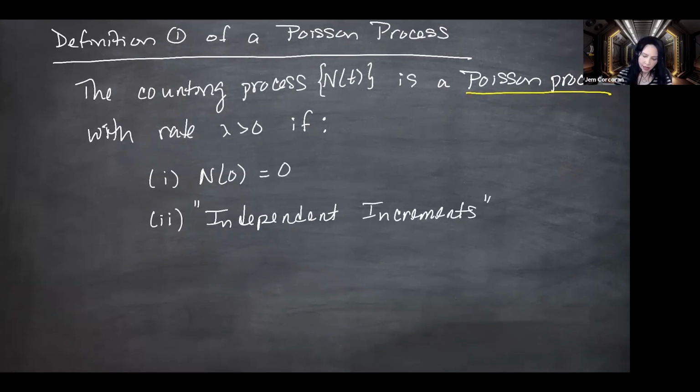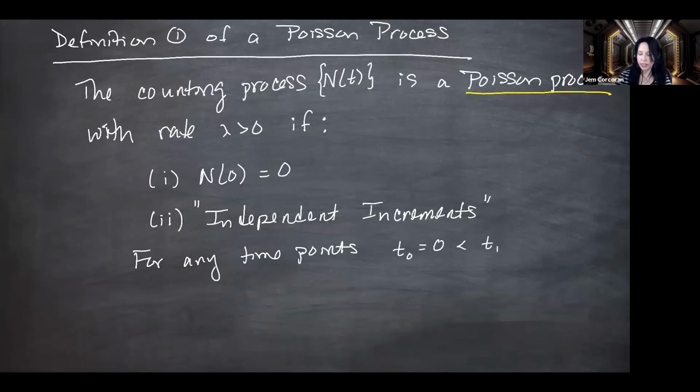So this says for any time points, I'm going to take t0 to be 0, and this is going to be less than some t1, less than some t2, out to some tn. The increments of the process are independent.